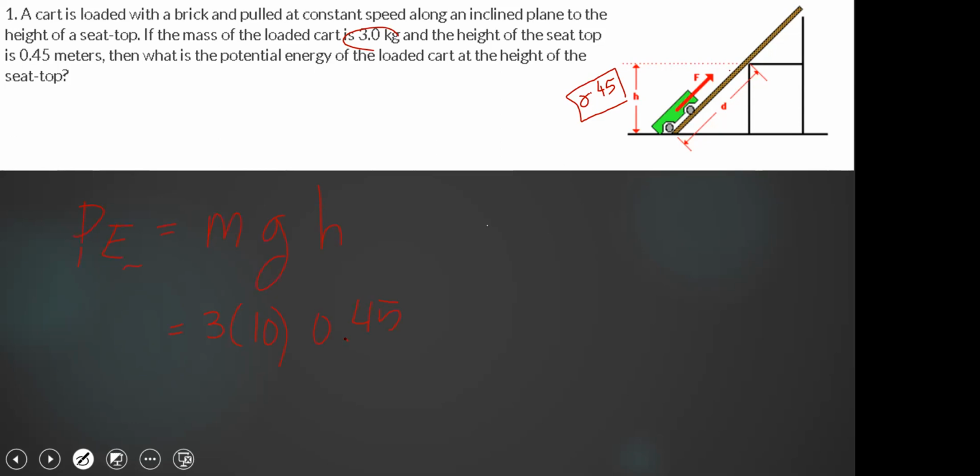So 30 times 0.45 is 13.5 joule. So the potential energy at the height of the seat top is 13.5 joule. We find it by using the formula mgh.